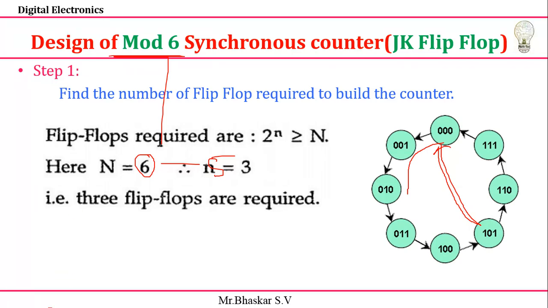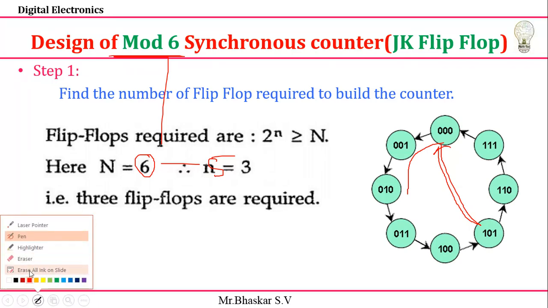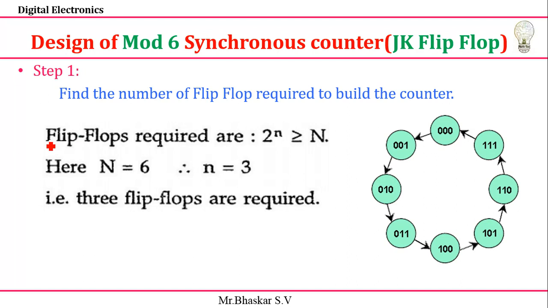So how are we going to find the number of flip-flops? One formula is that the flip-flops required satisfy 2 to the power of n is greater than or equal to capital N. Here capital N is the number of states, the mode. You can see that we have 6 modes or 6 states, so N equals 6.